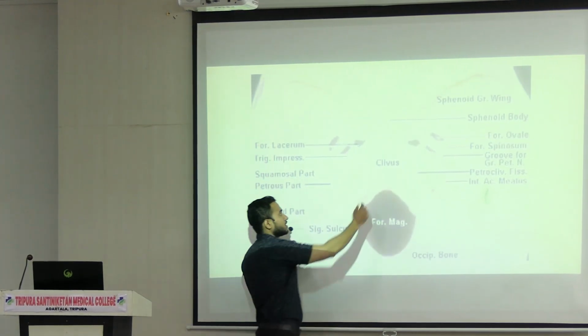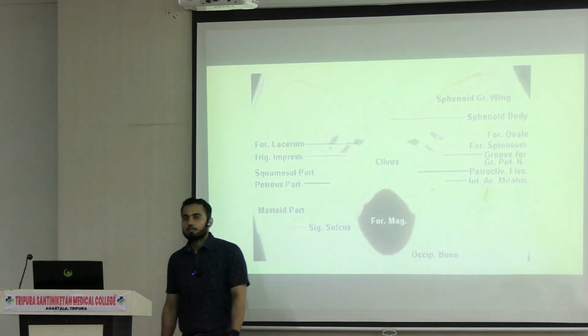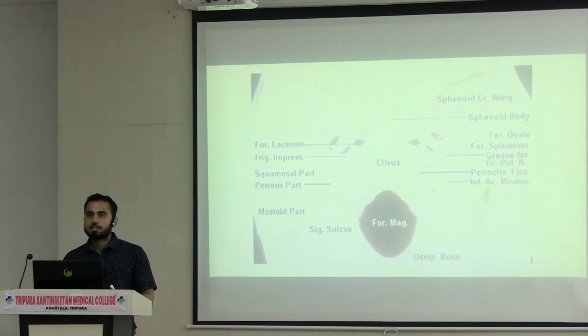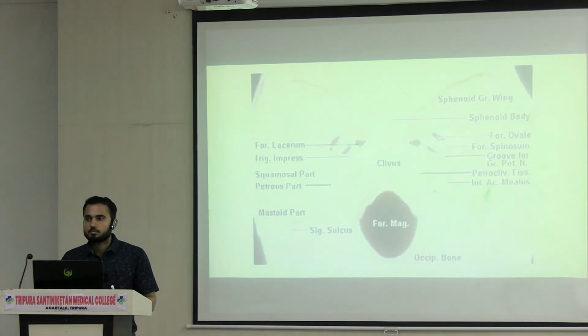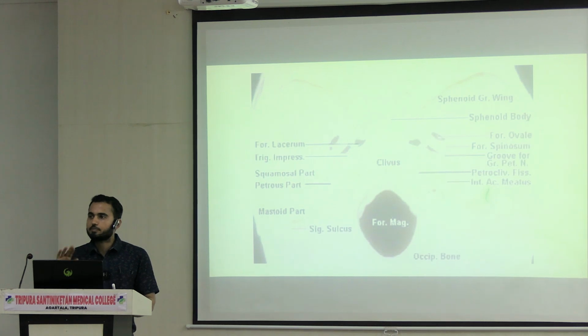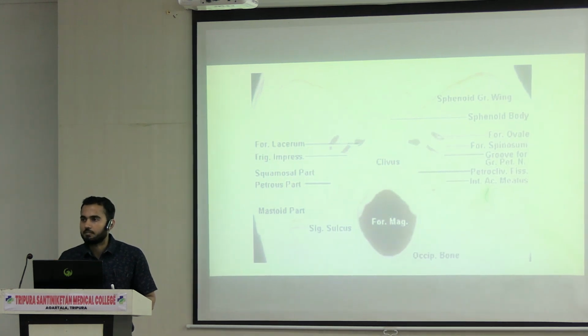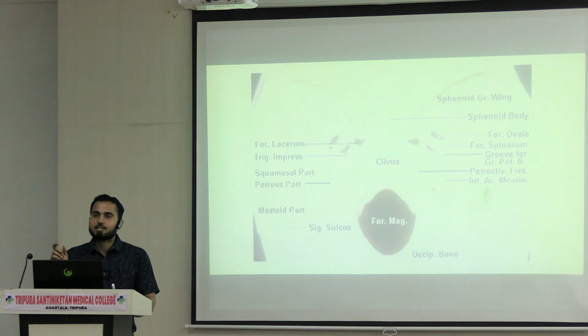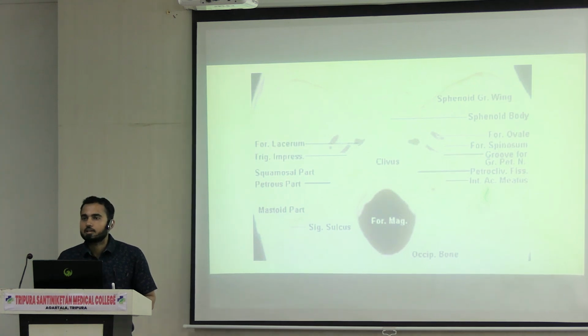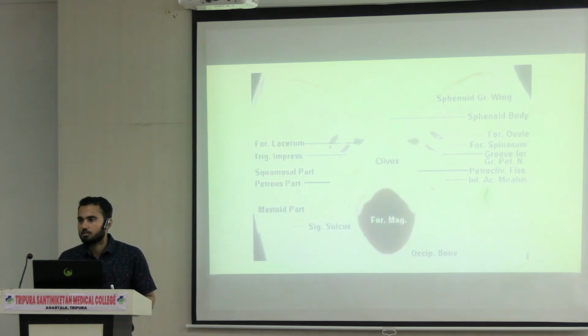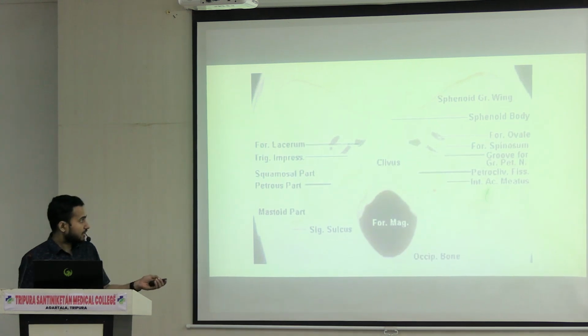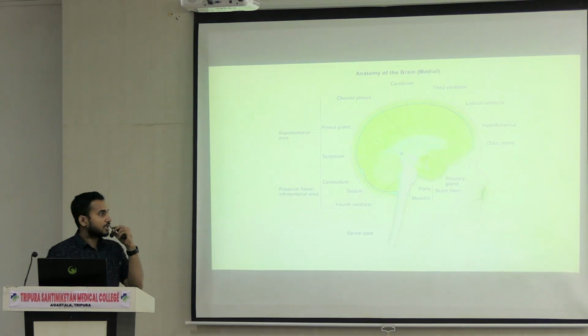Now, posterior to the brainstem, what is present? Any idea? Posterior to the brainstem, what will be present? Cerebellum. Now the cerebellum is separated from the brainstem by the cavity of the fourth ventricle. Here you can see in the diagram, so please concentrate on the diagram.